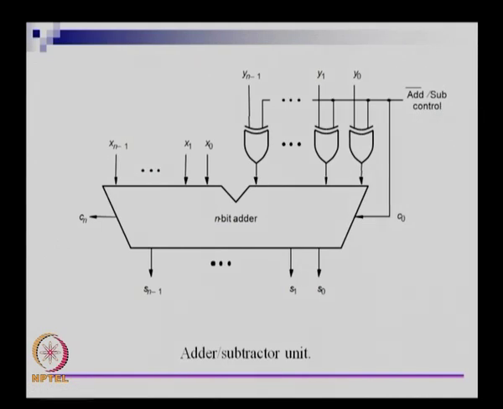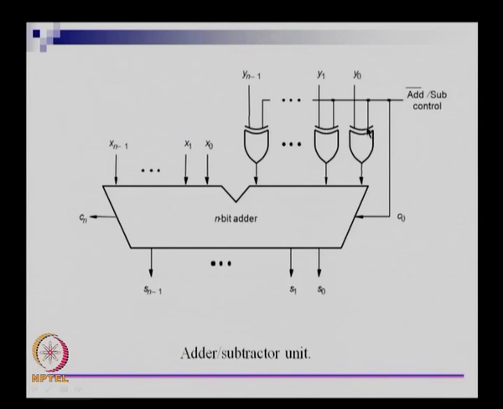Remember, if I want to do 2's complement subtraction, we do negation of the input and add. The negation itself is 2 steps in 2's complement. You have to flip all the bits and add 1 to it. So, this part of the circuit is flipping all the bits, and remember, for add bar slash sub, if I put sub equals 1, the C0 will go as 1, this will take care of adding 1 to the result.